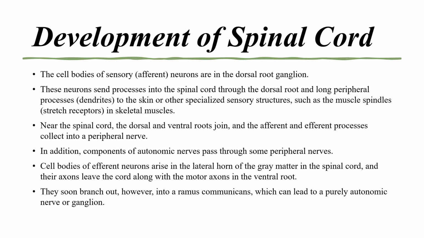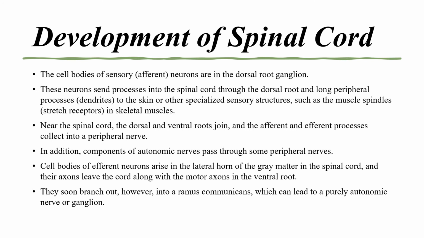So near the spinal cord, the dorsal and ventral roots join and the afferent and efferent processes collect into a peripheral nerve. So kung makikita nyo, 'di ba, yung pagkaka-drawing ng diagram ng spinal cord, may mga nakikita kayong parang fibers or roots. So yun yung mga tinatawag nating mga dorsal and ventral roots.